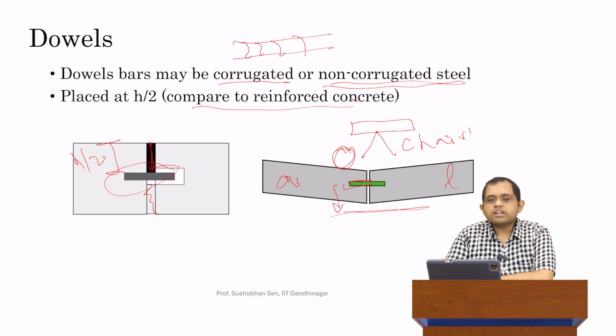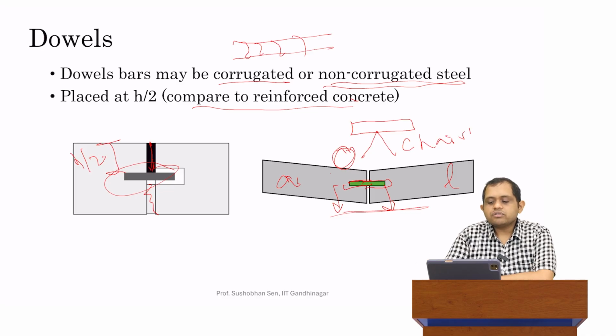Now, because it deflects downwards, what happens is that this dowel bar, half of it is on the approach slab side, half is on the leave slab side. The dowel bar on the leave slab side, because it's essentially the same dowel bar as on the approach slab side, also is pushed downward. Because it's pushed downwards, it pulls the leave slab along with it downwards.